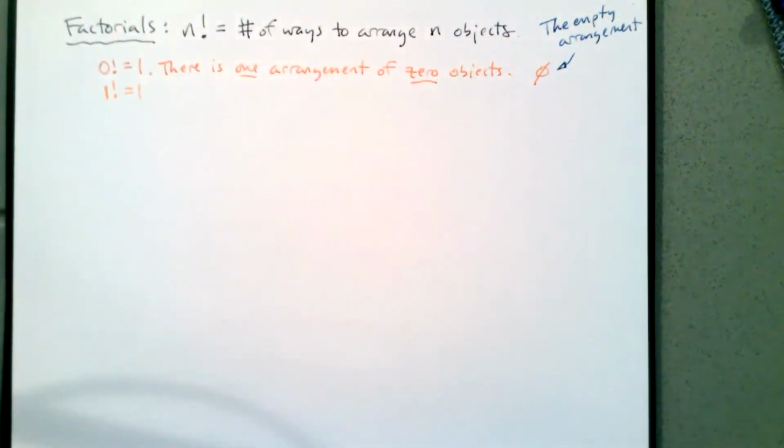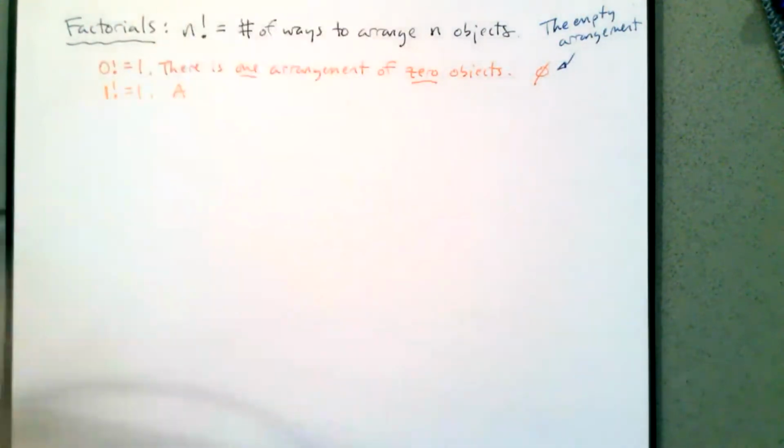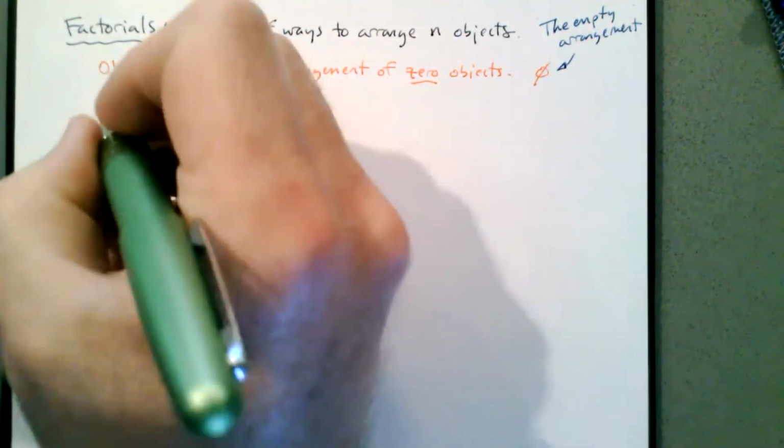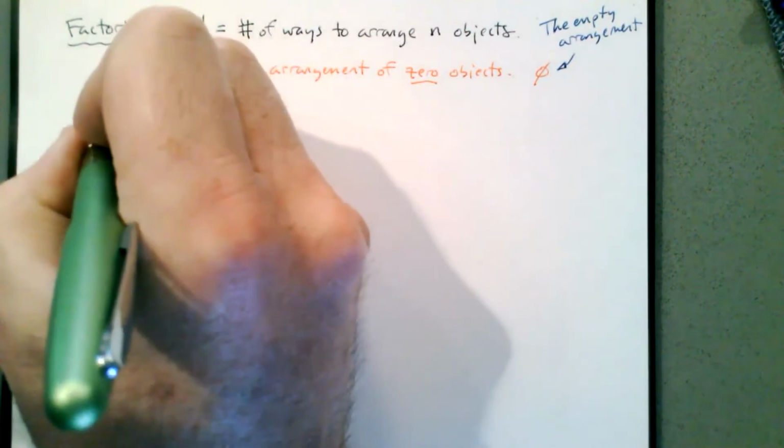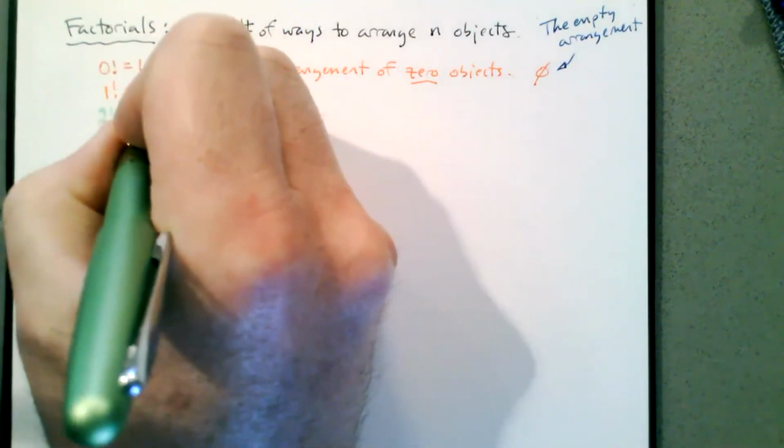There is one arrangement of one object, A. I'm going to use letters for objects. 2 factorial will equal 2.